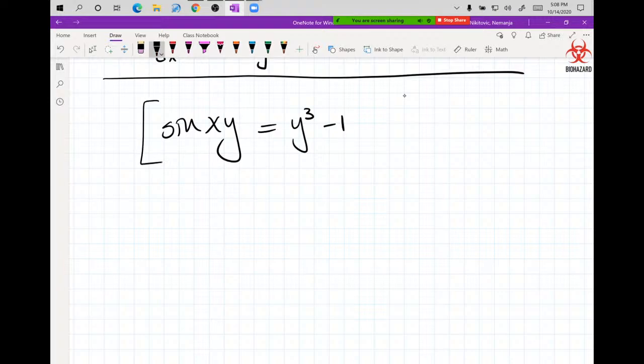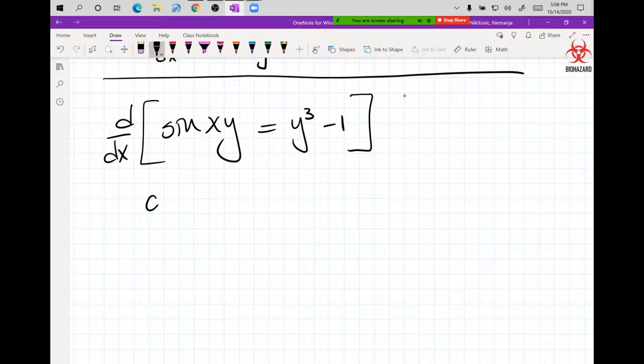We are going to take the derivative of each term as we see it, just like we did when it was just x around, but now we have the added annoyance, let me put it that way, that every time we take the derivative of y, of any kind of y, we have to use the chain rule, dy dx.